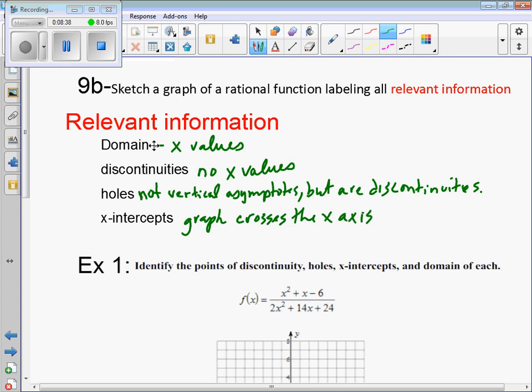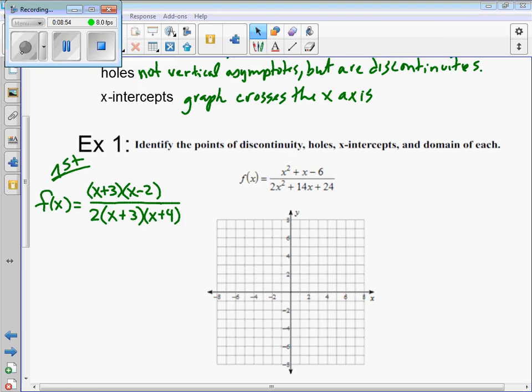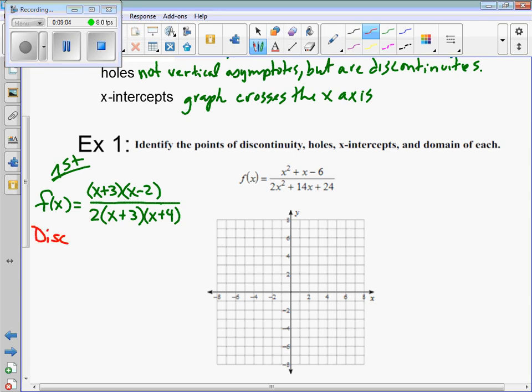Next graph, identify the points of discontinuity or holes. First thing you should do still is factor. So next slide I will factor this. Okay, now it's factored, numerator and denominator. Discontinuities are where x makes zeros in the denominator.